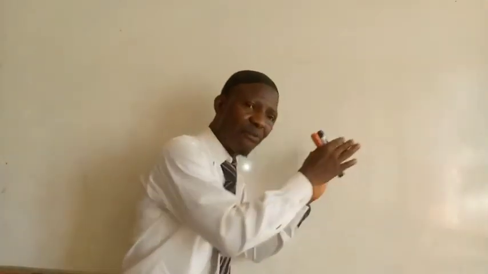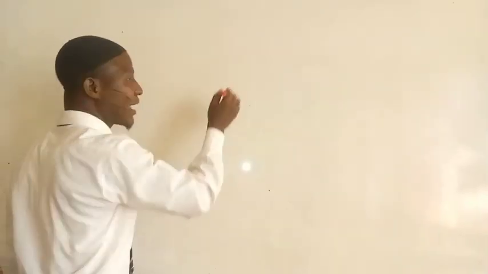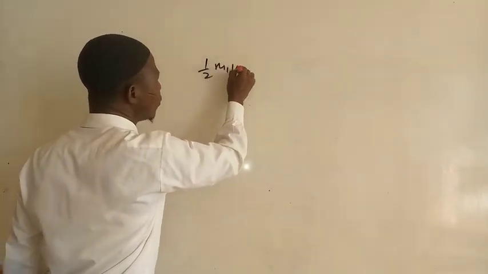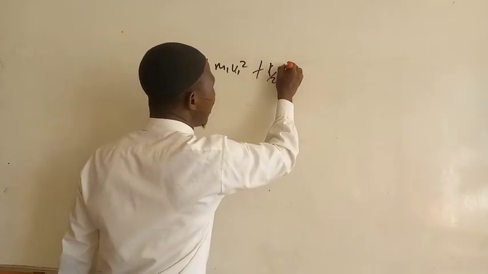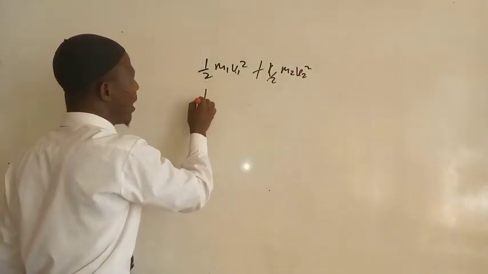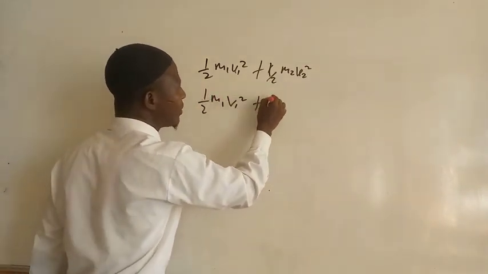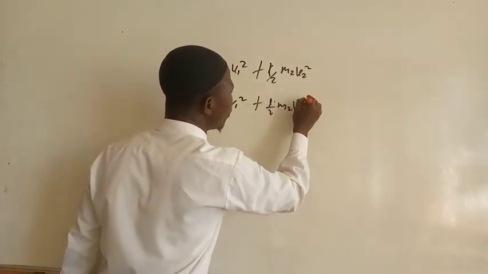calculate the kinetic energy of that system before collision and after collision. That is, before collision, we have kinetic energy half m1u1 squared plus half m2u2 squared, which must be equal to half m1v1 squared plus half m2v2 squared.